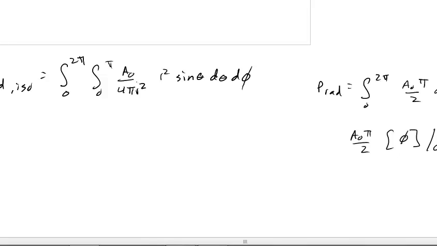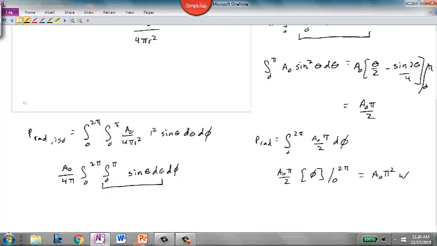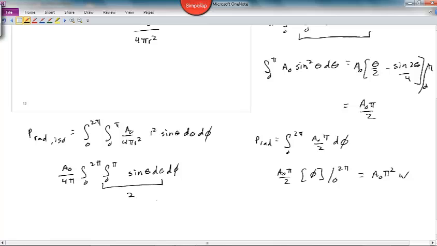I can see that the r squares cancel, so I get A0 over 4 pi, integral from 0 to 2 pi, integral from 0 to pi, sine theta d theta d phi. This is a little bit easier one because the integral of sine theta, everybody remembers, is just minus cosine. So the integral of sine theta d theta is just going to be 2, and you can solve that on your own. Then I get 2 A0 over 4 pi, integral from 0 to 2 pi of d phi.